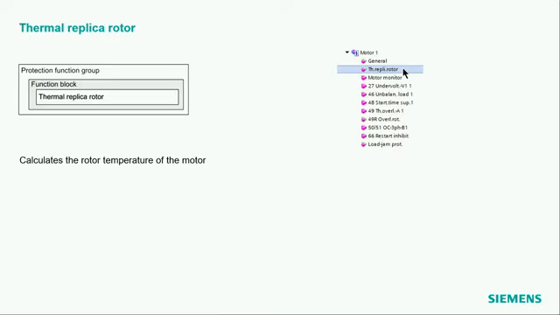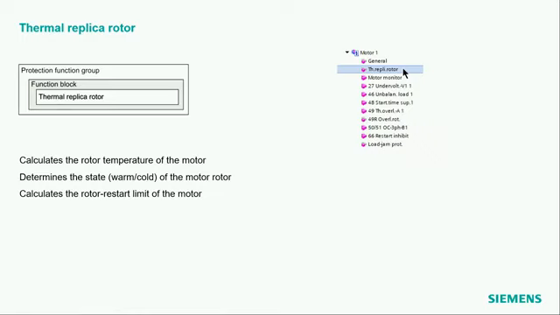This calculates the temperature of the motor, or better, of the rotor. It determines if the motor is in a cold or warm state. We don't need that so much for the restart inhibit, but for the starting time supervision, and we will see how this works together. This function also calculates the rotor restart limit of the motor.